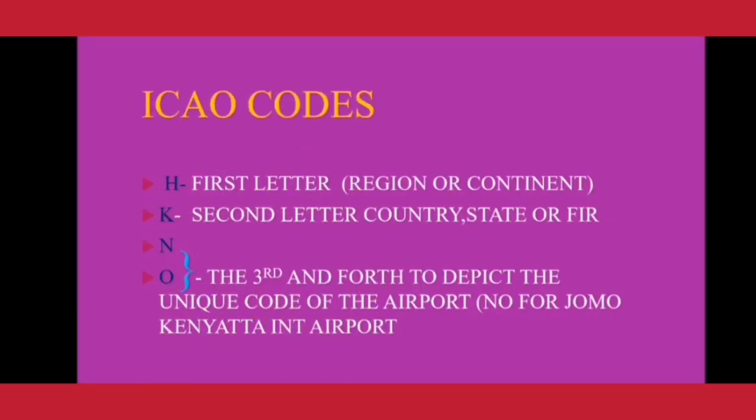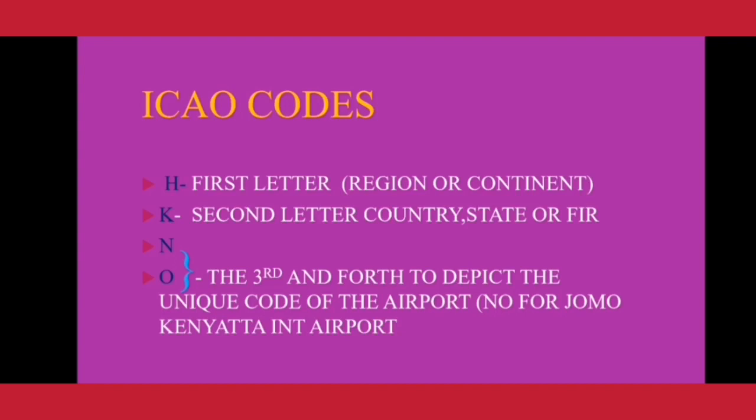Okay, let's now look at the ICAO code, as this is our main focus as aviators. Take the ICAO code HKNO. The first letter H always depicts the region or continent in which the airport or airstrip is located.